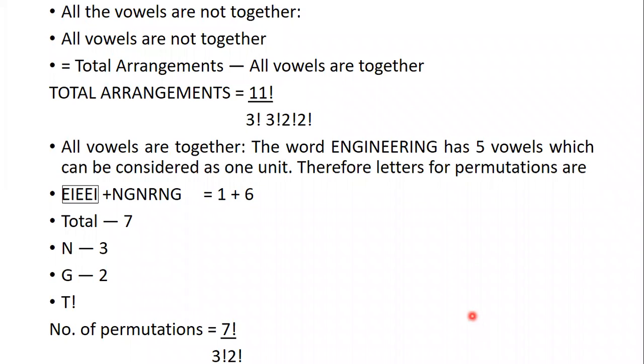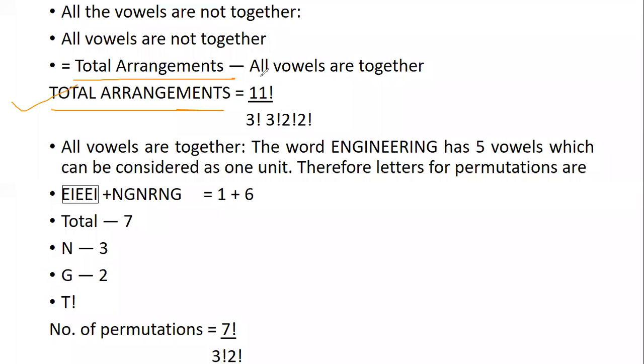When you read the question, it sounds a little confusing, so you have to break down that question into a formula to understand it easily. So total arrangement is 11 factorial by 3 factorial, 3 factorial, 2 factorial, 2 factorial, and this has been solved.